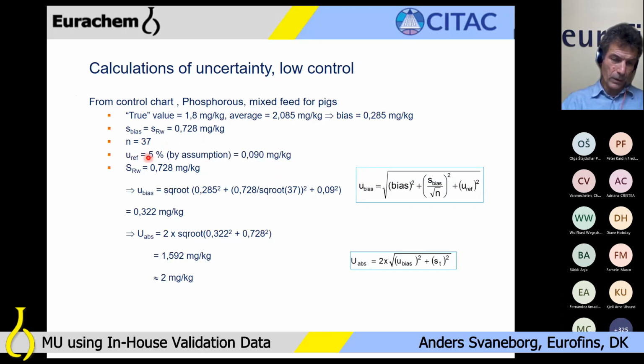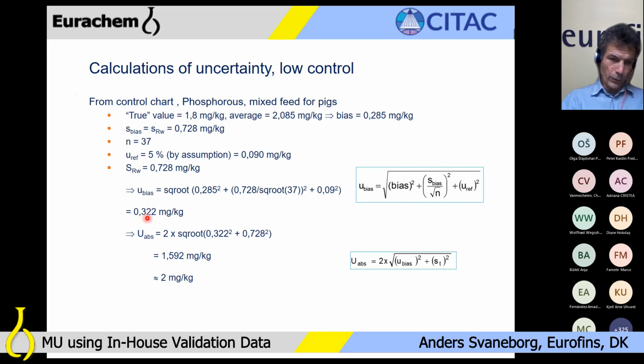And we have the standard uncertainty for the reference material set to 5% by assumption. The total standard deviation for these 37 data points is 0.728 milligram per kilo. That gives us the U-bias. With using this formula, we get a value of 0.322.